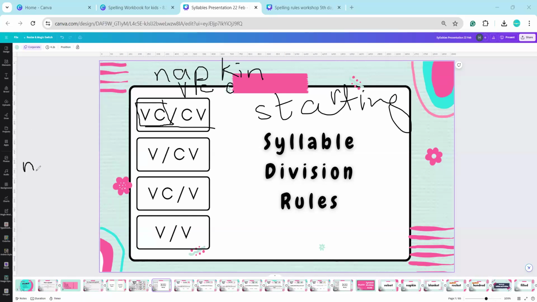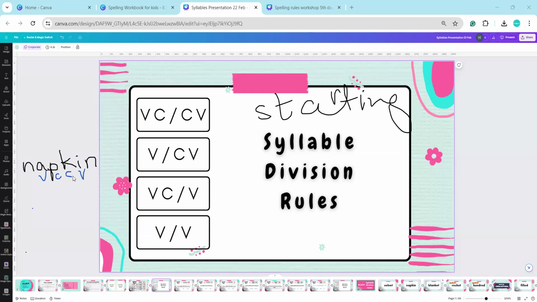Let me write it here in legible writing. Napkin. Now before starting to divide, ask your child, can you mark the vowel? This is a vowel. Change the color. This is a vowel. This is a vowel. Then ask how many consonants do you have in the middle of these two vowels?